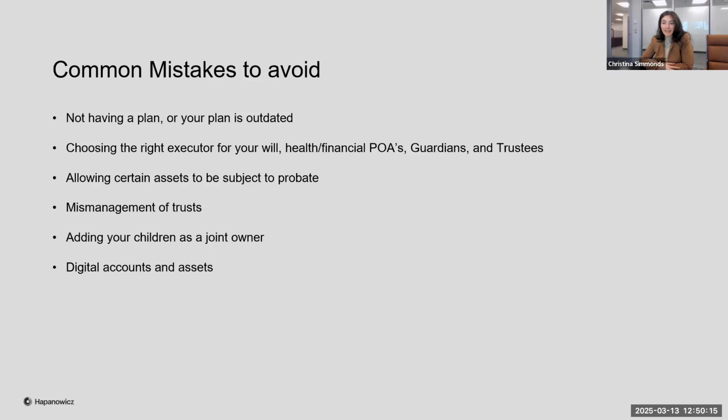All right, last but not least. The one thing I'll say is, take a look at digital accounts that you have, like Facebook or any other types of online accounts. One thing that I'll say for the digital accounts is that when we're doing estate planning documents now, that's often included.